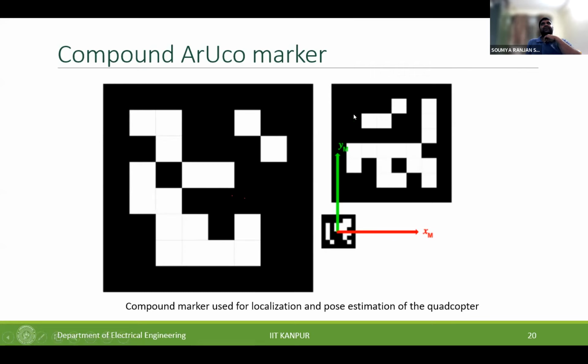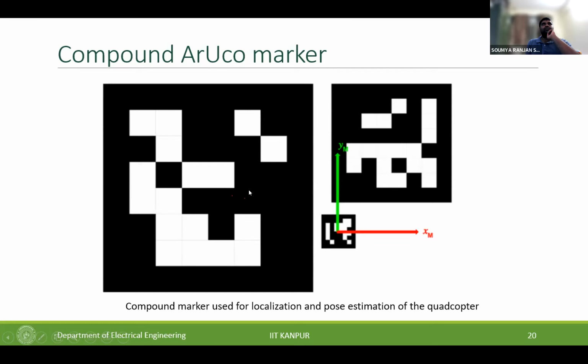That is where the second ArUco marker comes in, which is somewhere in the intermediate stages. And finally, when it is close to the moving platform, the second one will also not be completely in its view. So the size of the third ArUco marker was decided accordingly, so that when it lands, the marker should still be completely in its view. This is the compounding that we had done.